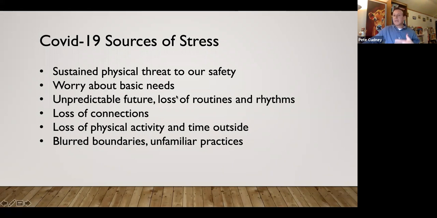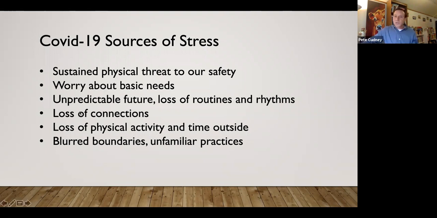We still have to maintain our attention on our basic needs. We're talking bottom of Maslow's hierarchy of needs, stuff that typically in our lives we can take for granted. We don't have to worry about our physical safety, and we don't have to worry about whether or not we'll have access to food, toilet paper, those kinds of things. They're in question for us right now.